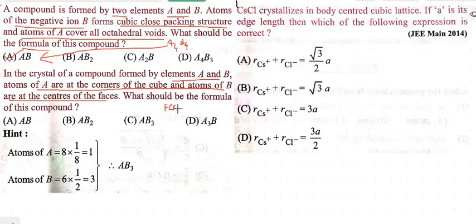Okay, so 8 corners into 1 by 8, that is 1, and B, because they are at the faces, 6 into 1 by 2, that is 3. The formula will become AB3. So the correct answer is AB3. Okay, now we will see next numerical or MCQ.